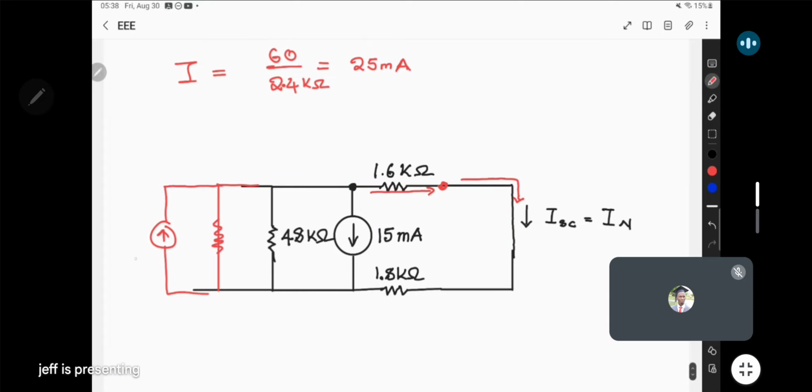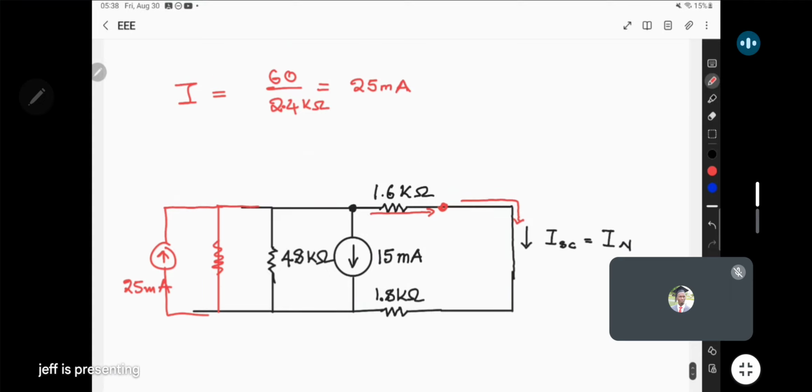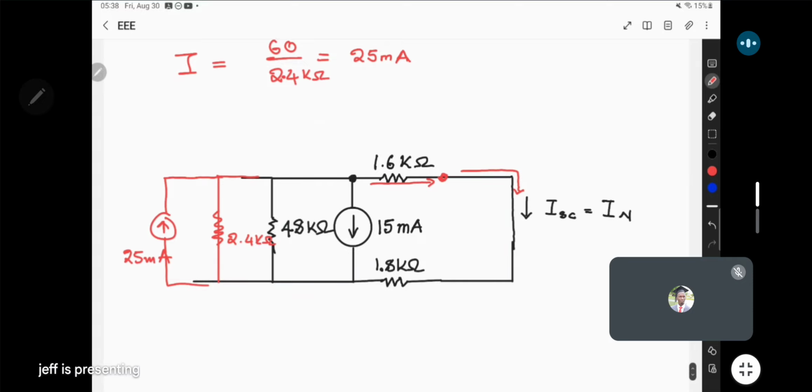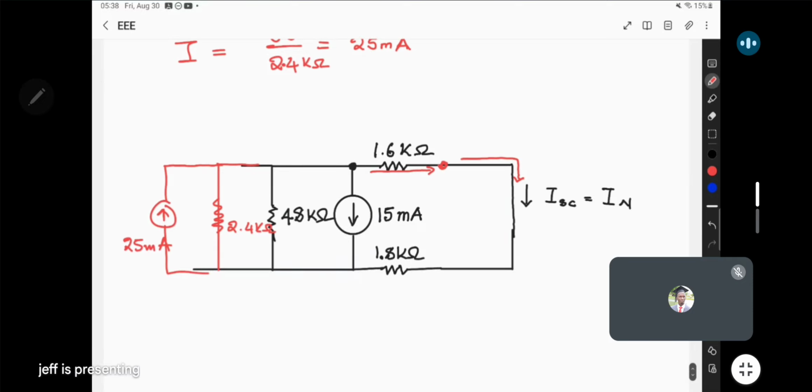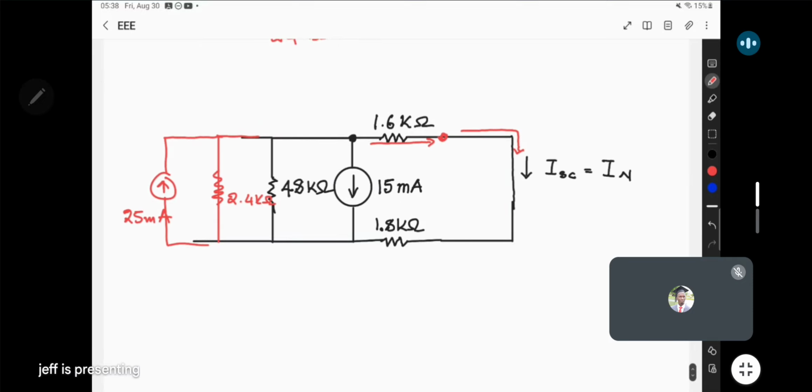The current source will be 25 milliamps, and then the resistance will still be 2.4. Okay, so now this is what we have. You see, this becomes easy for us to evaluate.